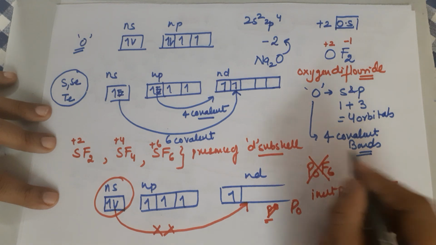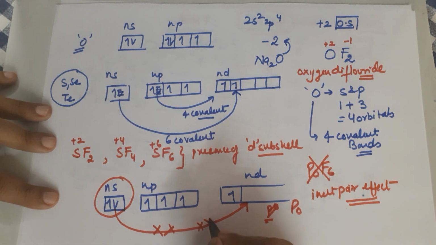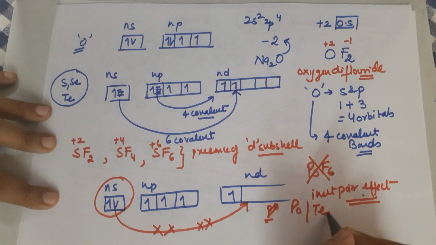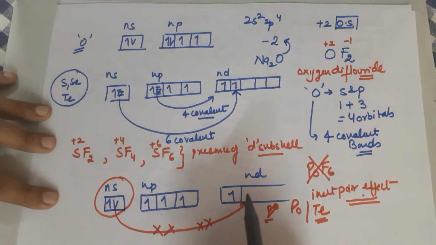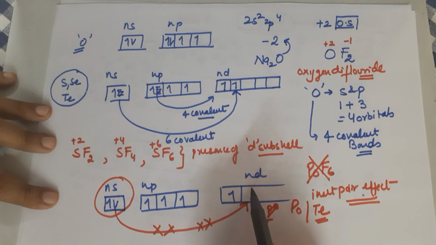In fact, this transformation is also not applicable to tellurium. Tellurium also does not allow these 2 electrons to participate in bonding; they resist participation in bonding. Whenever we come to the last members, the s electrons do not participate in bonding because the energy required to unpair them is much higher than what is compensated by the formation of 2 extra bonds.